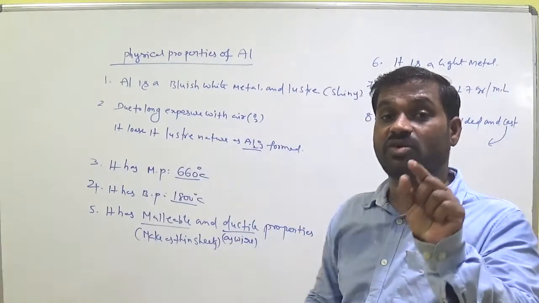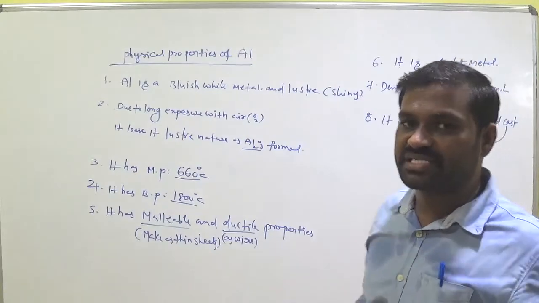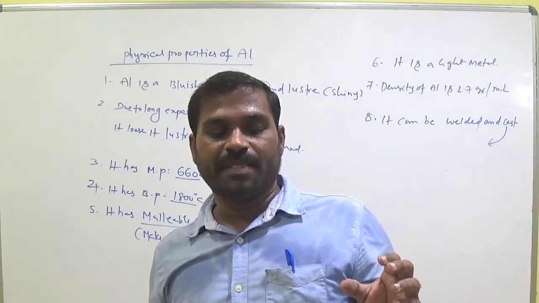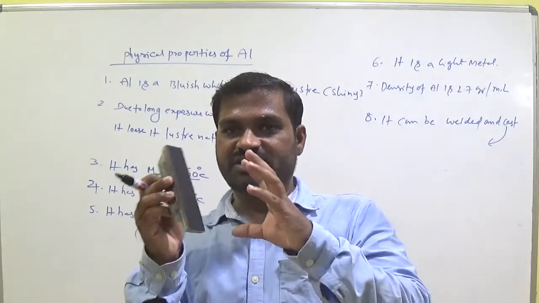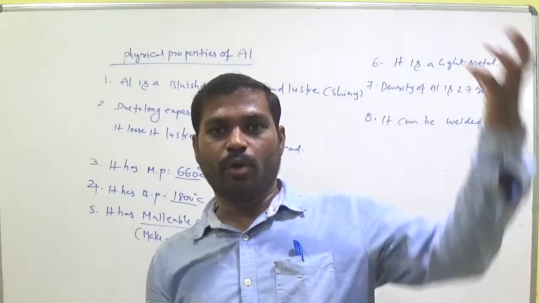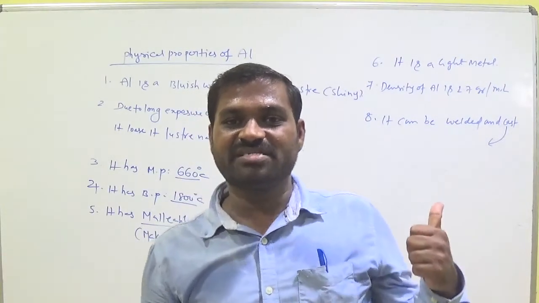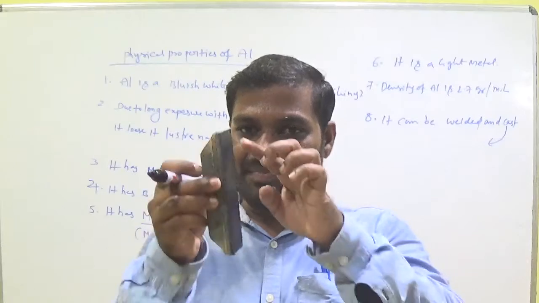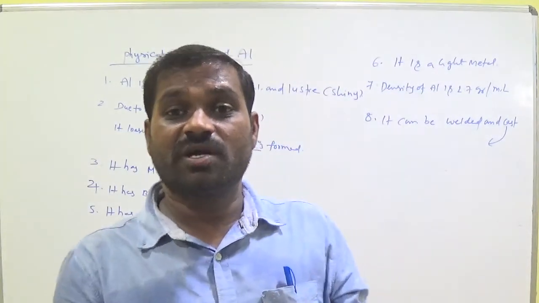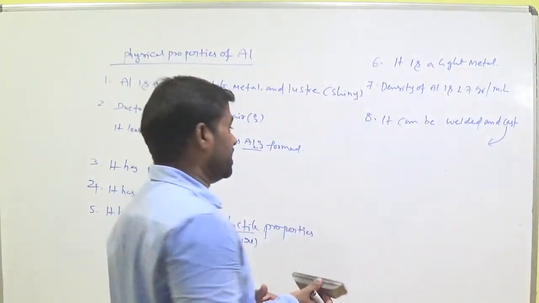That phenomenon is called casting. Casting of metals means suppose you take any model shape, pour aluminium into that model, and we get that kind of shape. So by using aluminium we can prepare different models of toys or material.